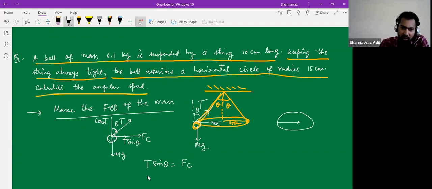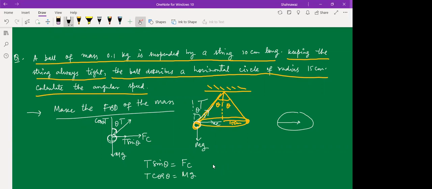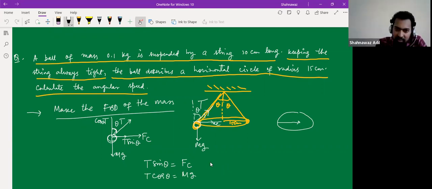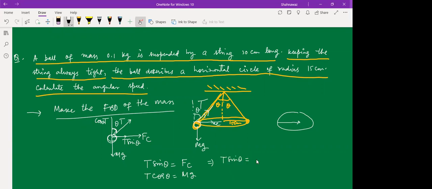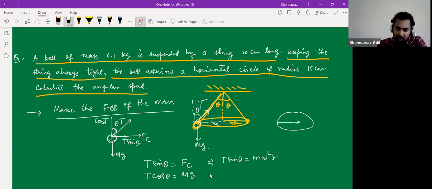And T cos theta will be mg, right? Any doubt? No, sir. So FC is what? M omega square r. Right. And your T cos theta is what?